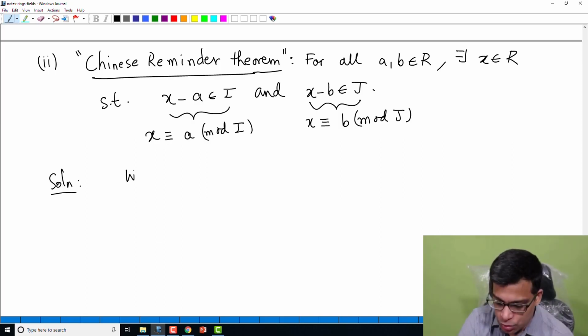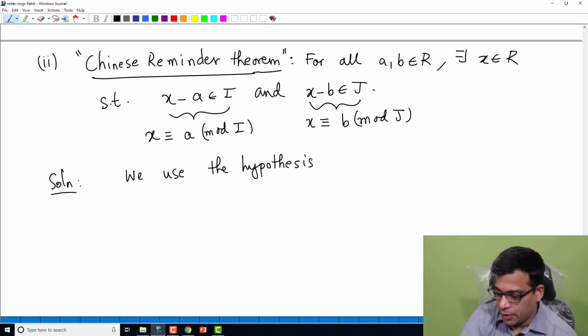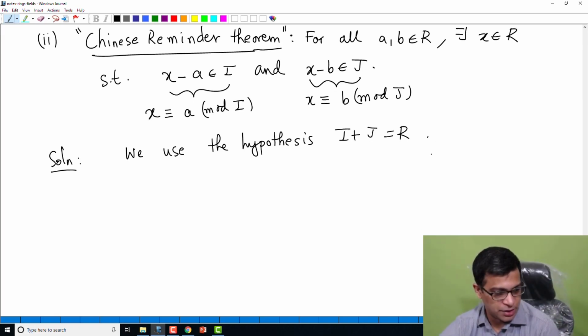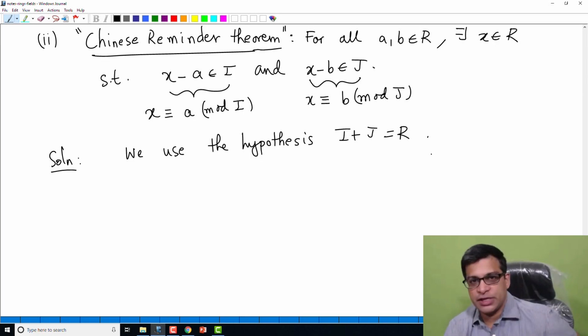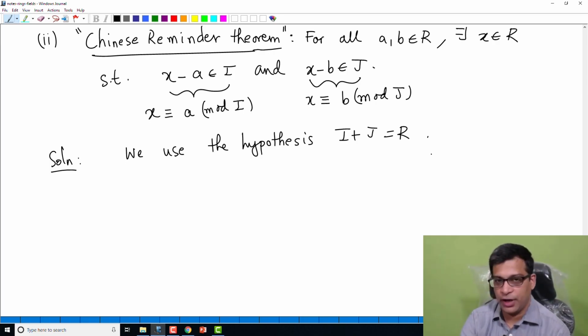Again, we use the hypothesis. Remember, the hypothesis that I plus J is equal to R was made, and this is very crucial. I plus J equal to R means every element of R can be written as a sum of an element of I and an element of J. So in particular, we can apply this to a and b.